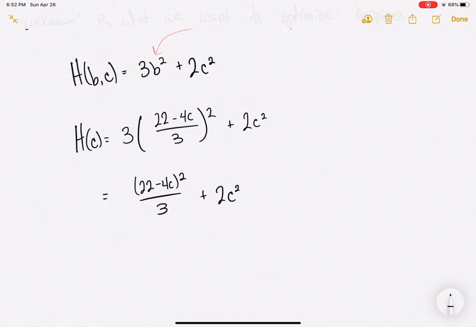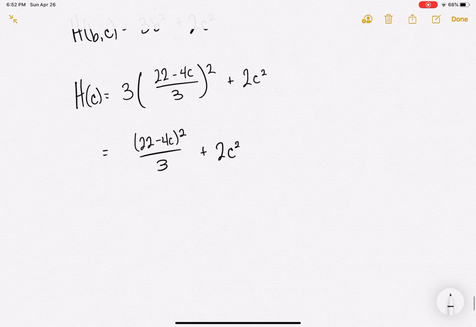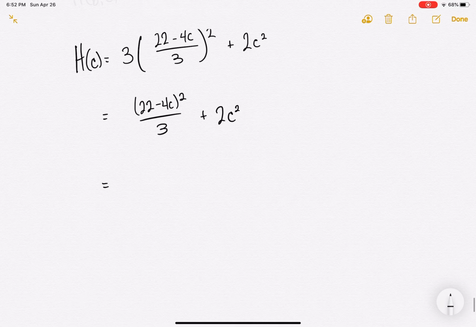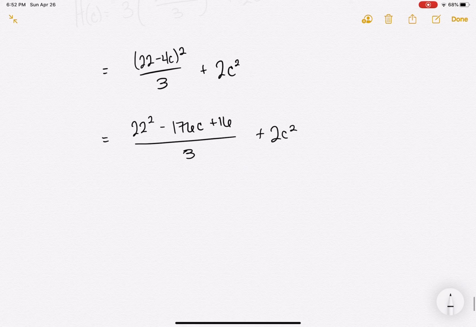Then simplify more. This is 22 squared, I'm just going to leave it as 22 squared, minus 4 times 22 is 88, times 2 is negative 176c plus 16c squared, all over 9 plus 2c squared.